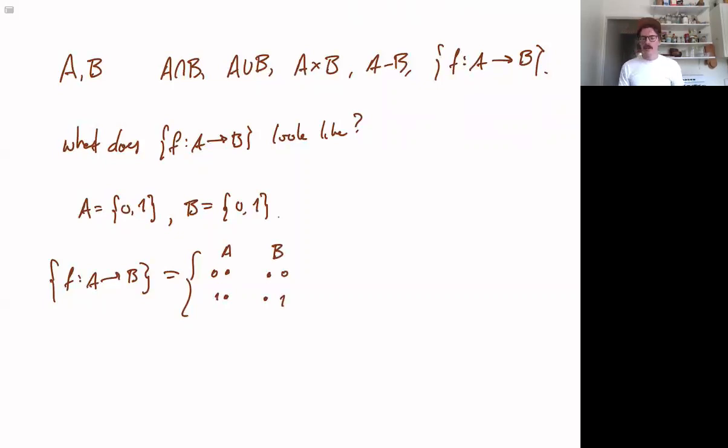And for example, if we have a function that sends 0 to 0 and 1 also to 0, we can draw it like that. So without keeping the labels on, let me draw all of the possible functions. All right, I think this is all of them.